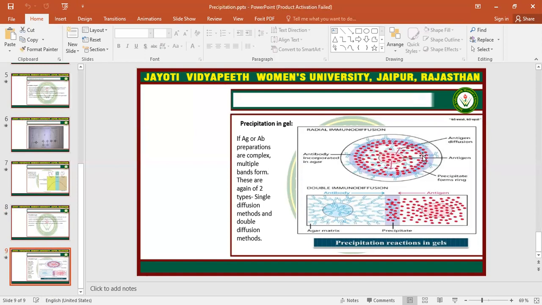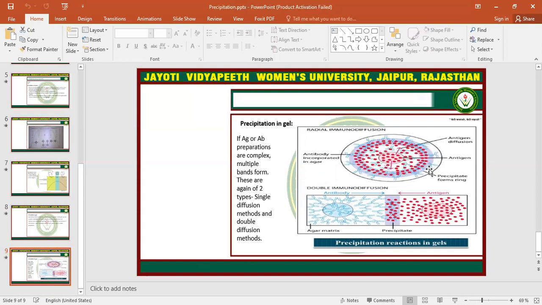In this, we added antigen and antibody. That is the radial. We added antigen and antibody, and these antigens will move, and antibody will also move. They will diffuse to the end, where antigen and antibody will move to the corners where the concentration of antigen and antibody is equal.